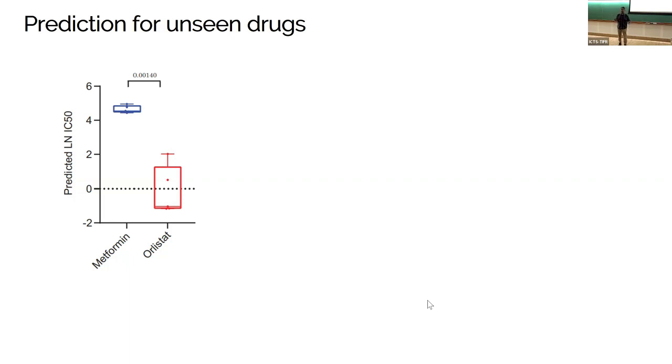These two are anti-diabetic drugs, but they are finding a lot of applications in prostate cancer. And they have different IC50s, response profiles. So we wanted to see if we could correctly predict which one among them is more potent. And these drugs have never been seen by our network. Even for a new set of drugs, we can predict their IC50 pretty correctly.